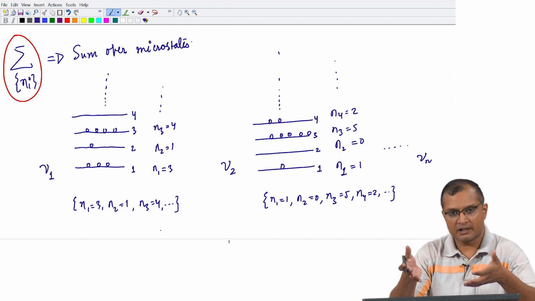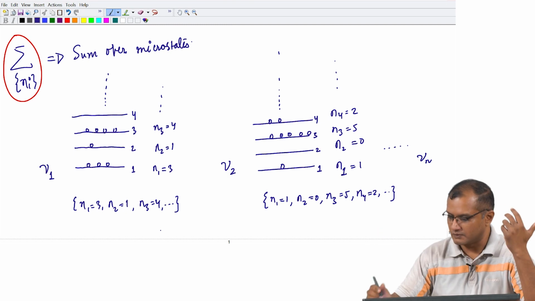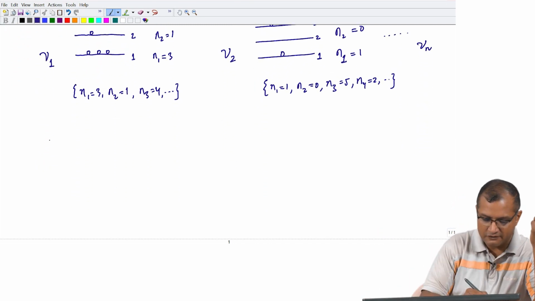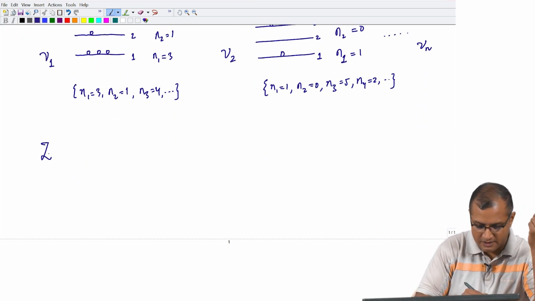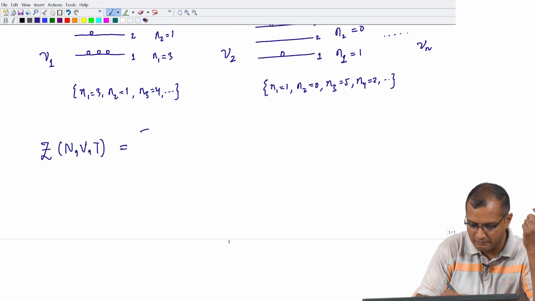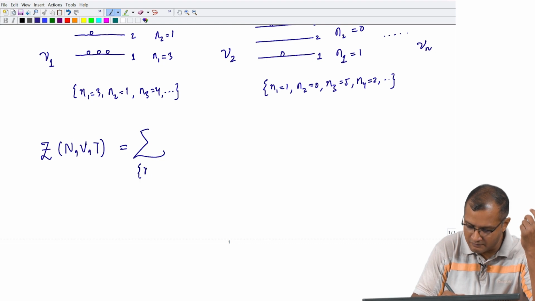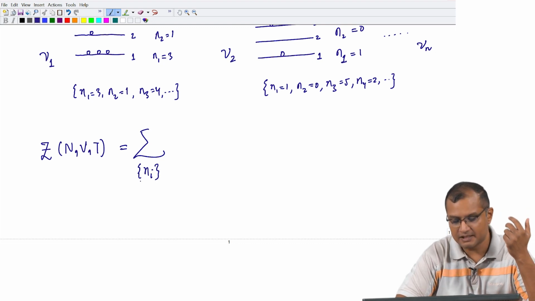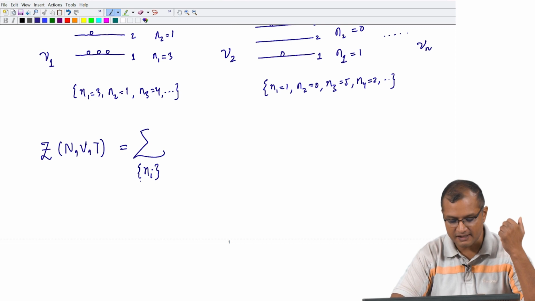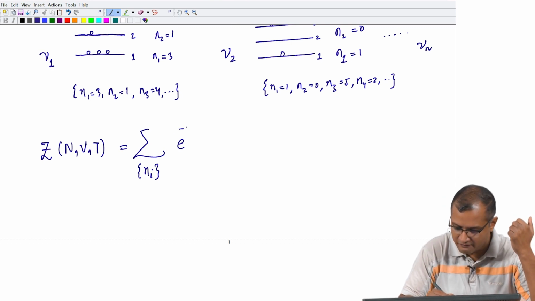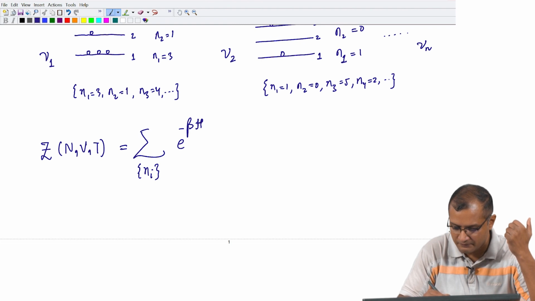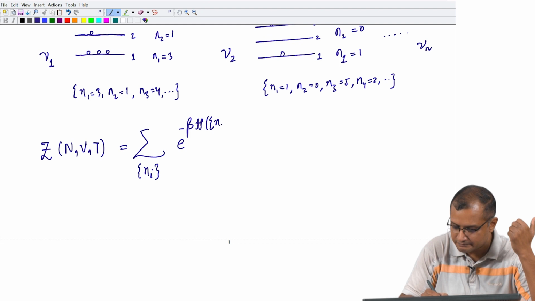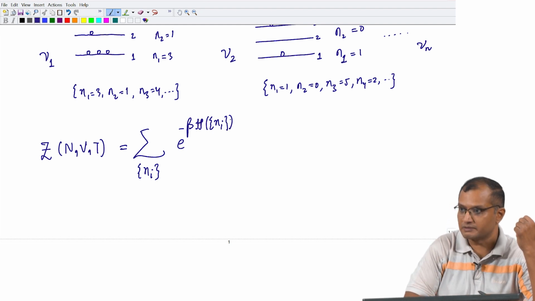So, you are now looking at a different microstate and so on and so forth. So, that is the meaning of our partition function at constant NVT conditions. So, you have summation over all the sets of ni's, and our Boltzmann factor was e raised to minus beta, the Hamiltonian of that particularly chosen set in the summation.